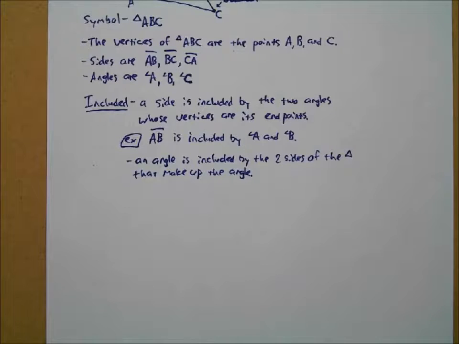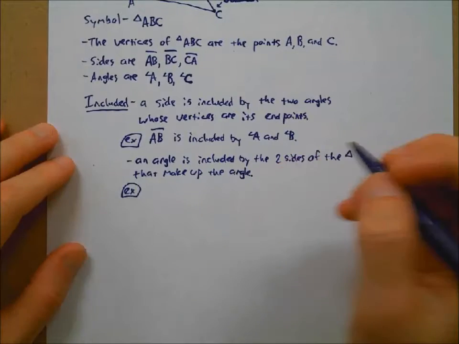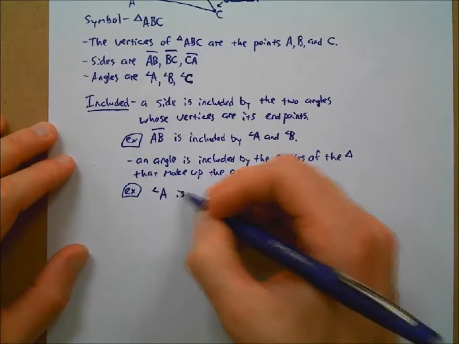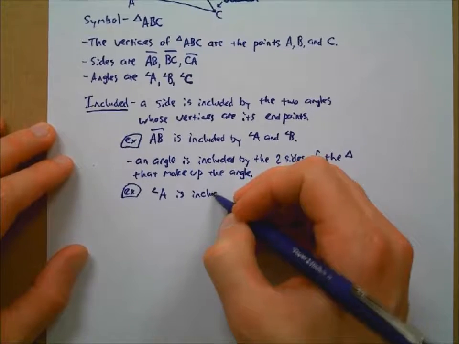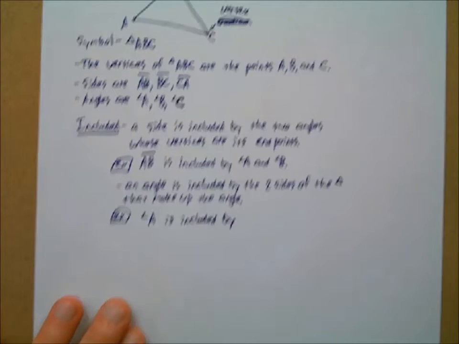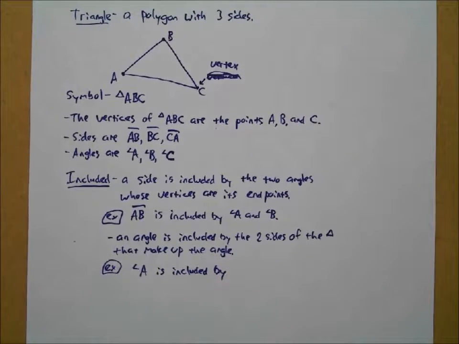So just as an example, angle A is included by, and then what two sides do we say there? Angle A is included by what two sides? Segment AB and segment AC.